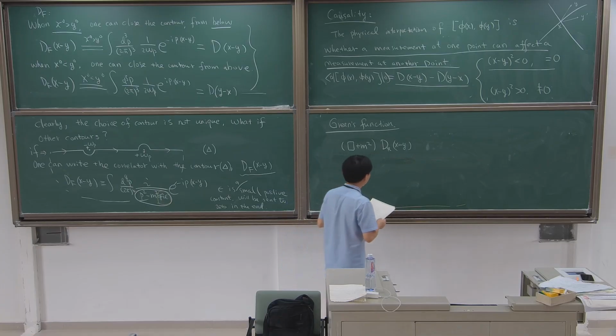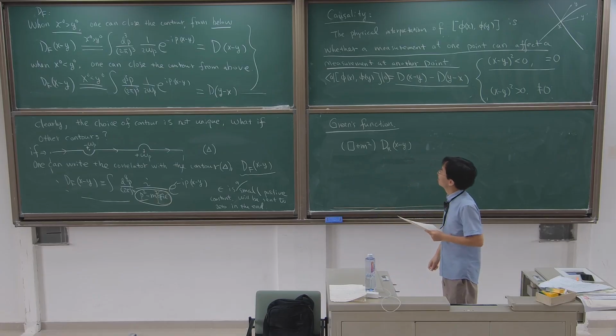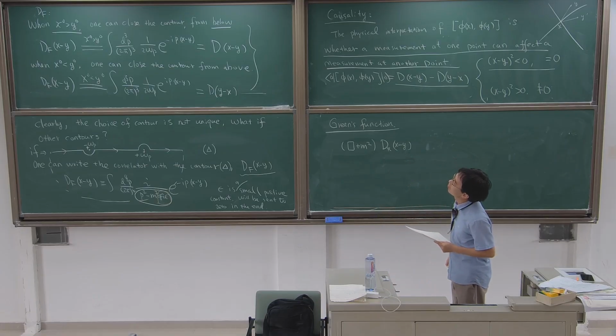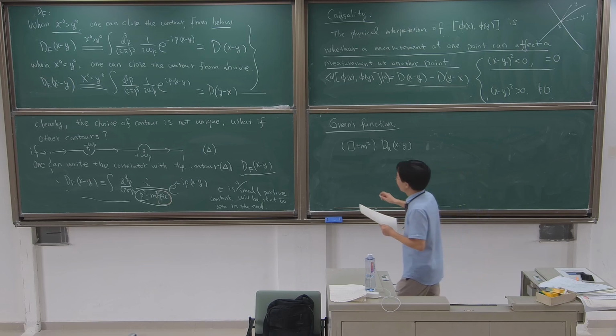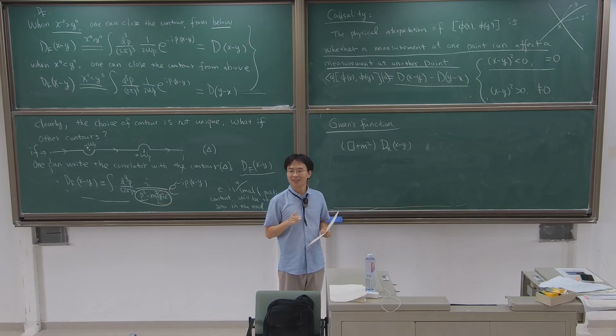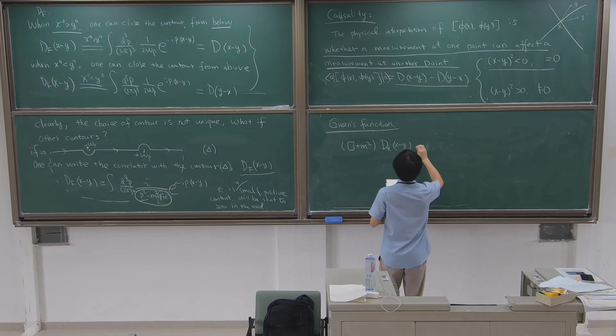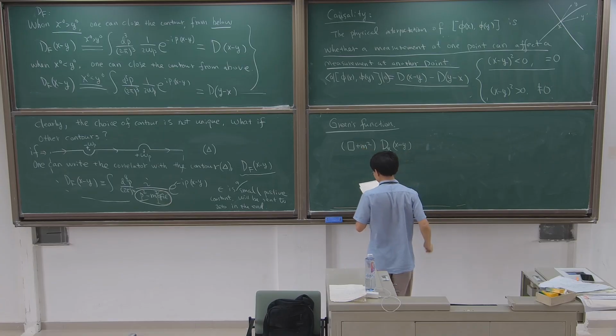So let's do this calculation. It's important. You still remember the definition of D_R? D_R is defined using a single theta function, right? Remember that? What's the definition of D_R? So let's work it out.